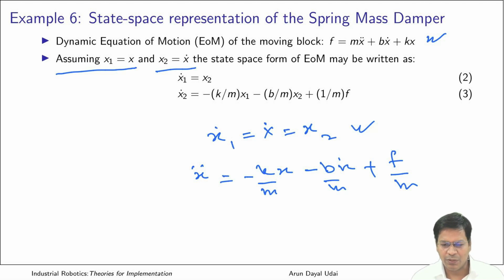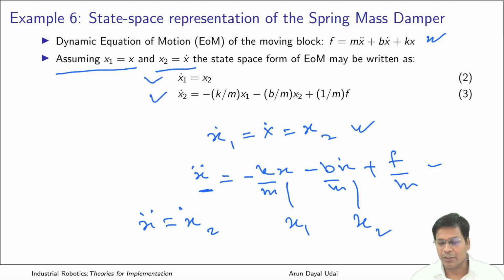When it is x, you can say it is x1, so you write x1 here. If it is x dot, you can quickly write x2 over here, and this m remains as a constant. Ultimately x double dot here is basically x2 dot, because x dot is x2, so x double dot is x2 dot. Got it? So you can write x2 and x1 dots. These are the derivatives.